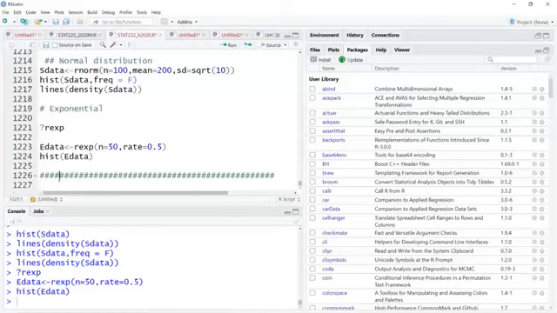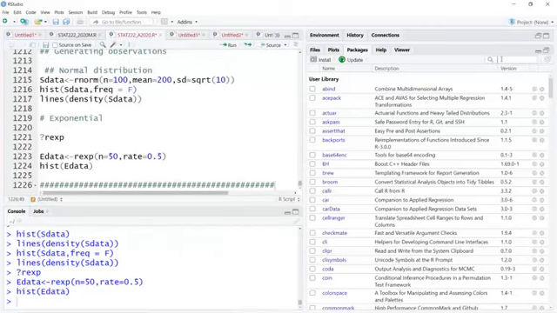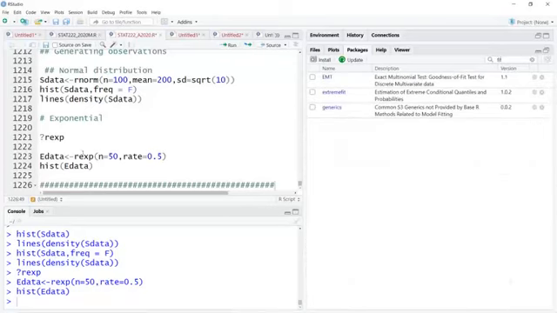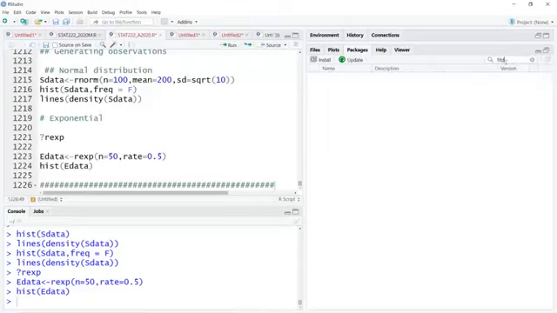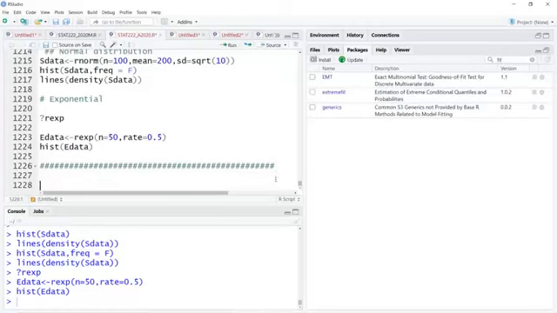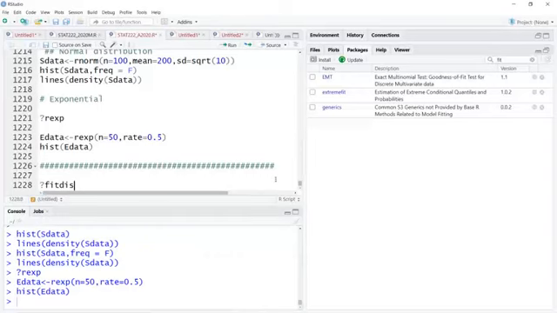For those that are interested, I will encourage you to look at fitdistrplus. There's a package called fitdistrplus, which I think I have to download. I don't have it here. Let me check.